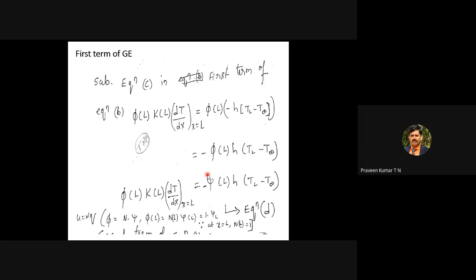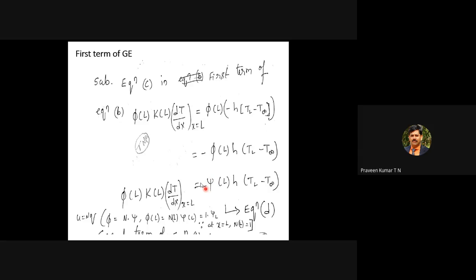In a simple way to remember the difference between phi and xi: phi is nothing but your actual temperature. And to get the actual temperature, we get the approximate temperature in the finite element method. That approximate temperature is nothing but your xi value.